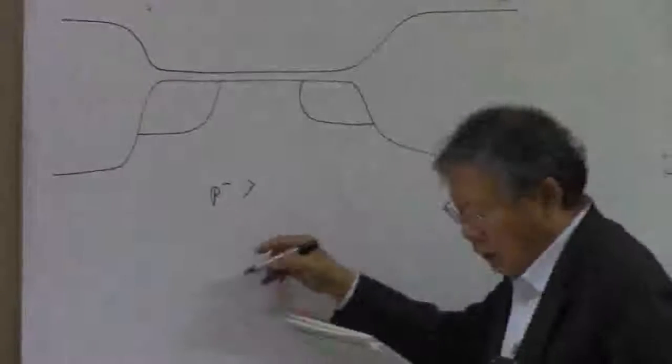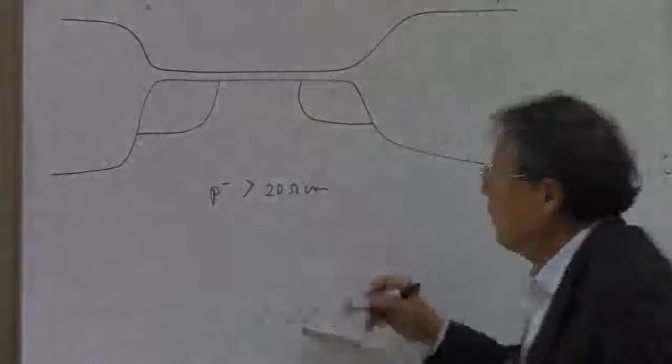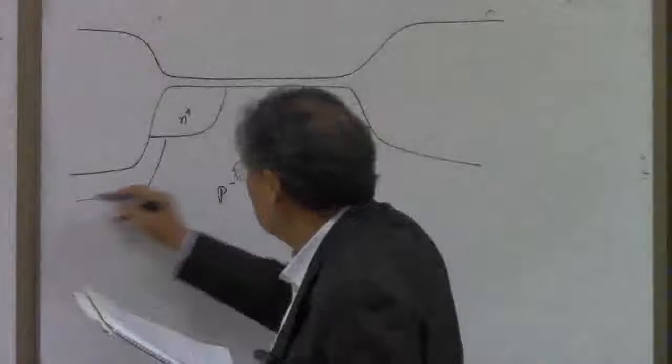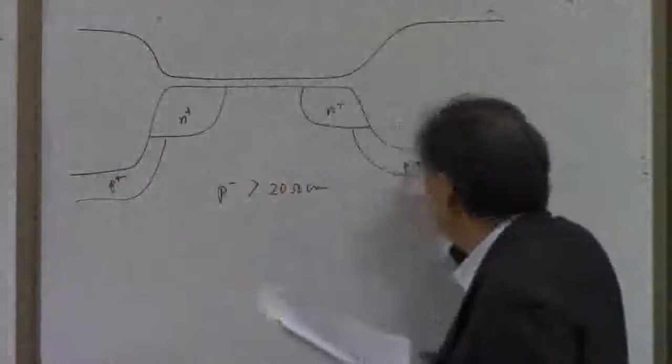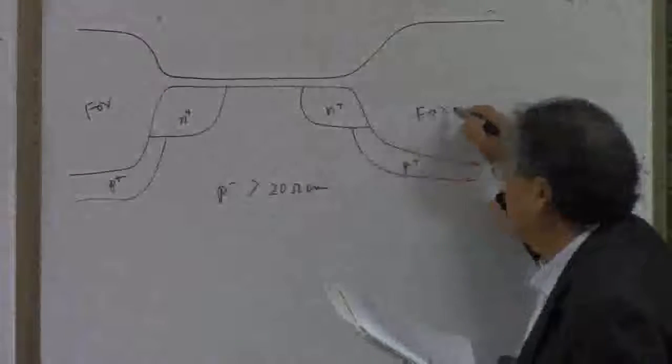You first start out with the high resistive substrate. Now this is the N plus and N plus, and then the channel stop implant is going to be done right beneath the field oxide, something like this.